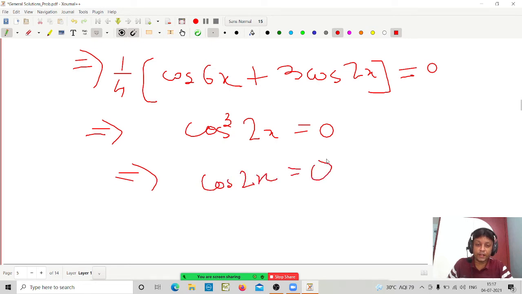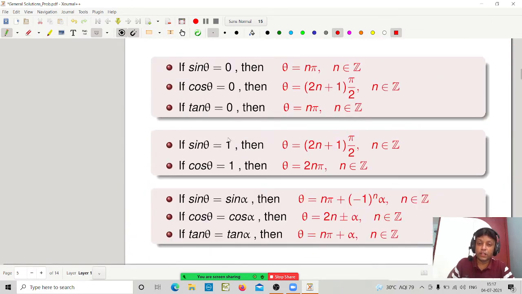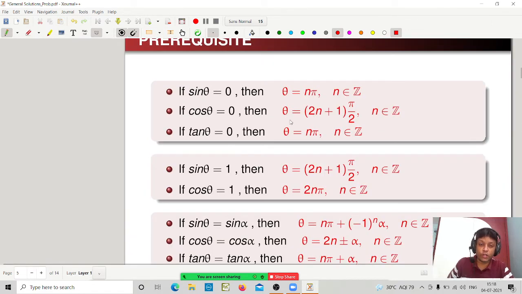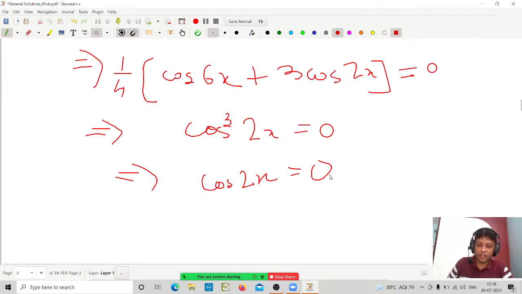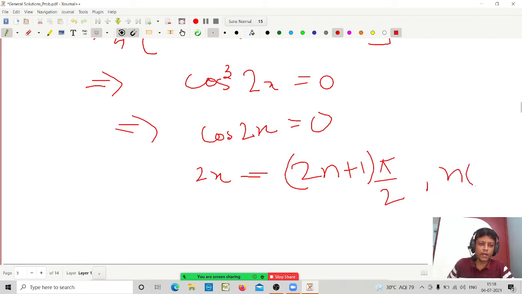Go to the general formulae. So you have cos theta equal to 0, then theta is (2n plus 1) times pi by 2. So if cos 2x is equal to 0, 2x equals (2n plus 1) times pi by 2, where n belongs to the integers.